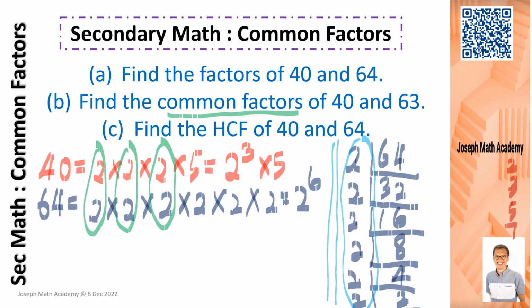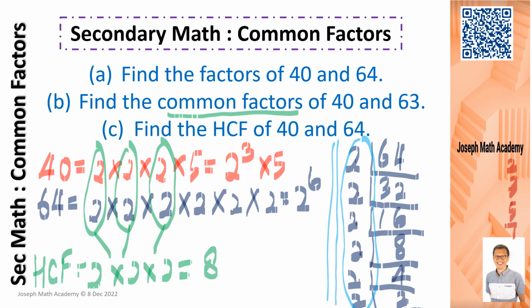Oh, no more common. So what are the common factors of 40 and 64? This circling method helps us to find something called, immediately, the HCF.